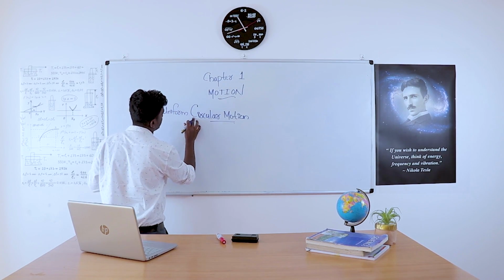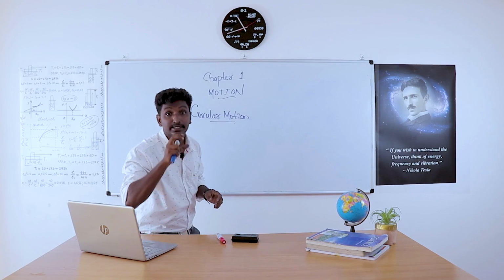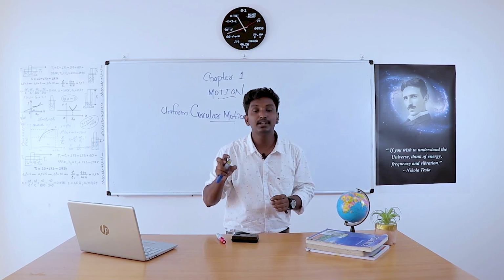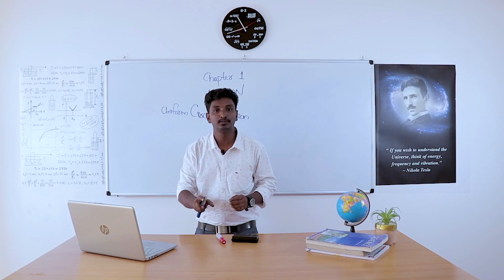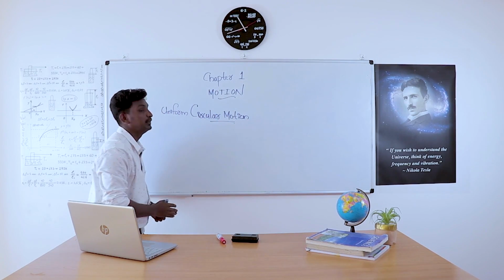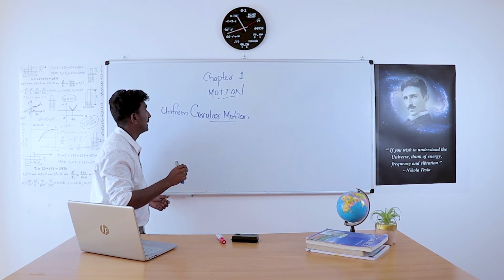Uniform circular motion. If an object executing circular motion has constant speed or uniform speed, then the motion is said to be uniform circular motion.